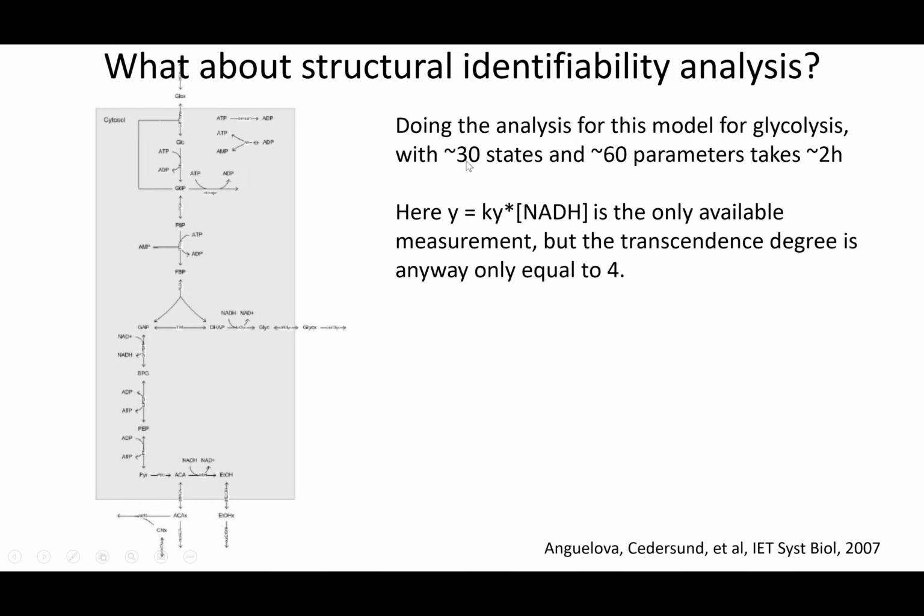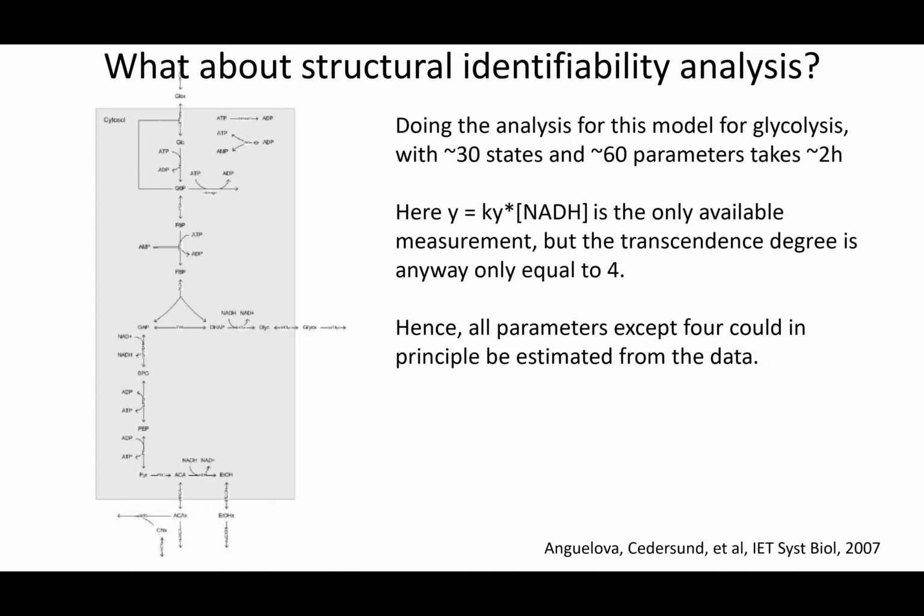And despite this very complex model and only being able to measure one model property, one state, the transcendence degree, so the number of parameters too many that you have, according to structural identifiability analysis, is 4, meaning that you can, in principle, identify all parameters except for 4. Or if you put 4 parameters that are the right type of parameters to fixed values, all of the other ones will be identifiable.